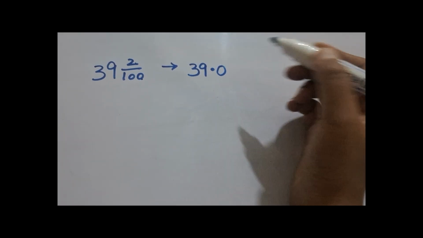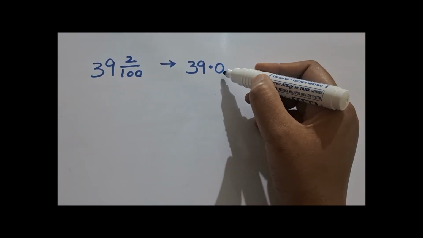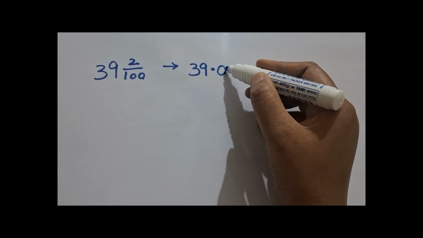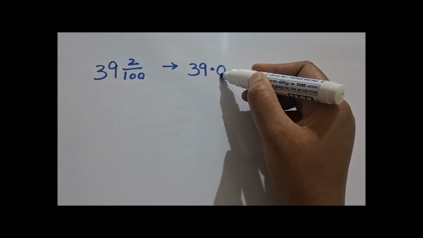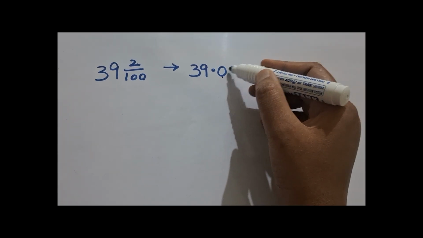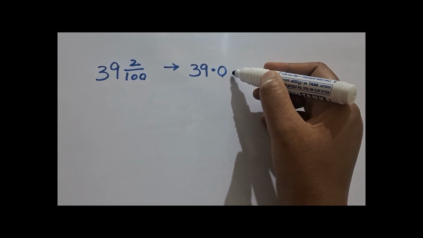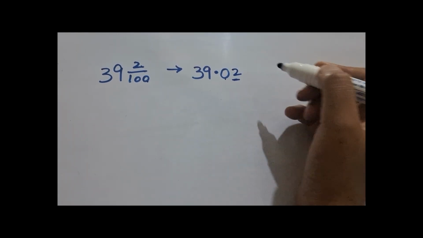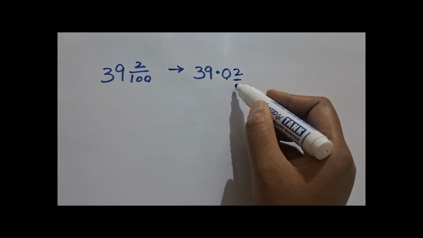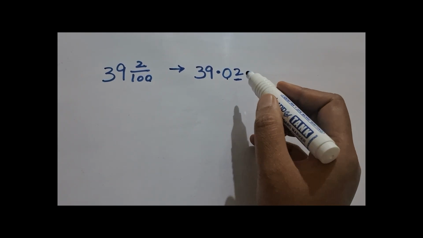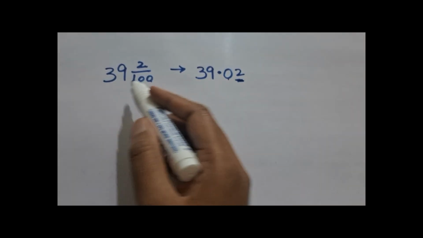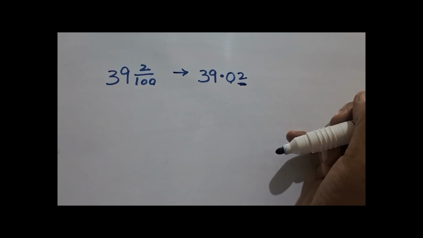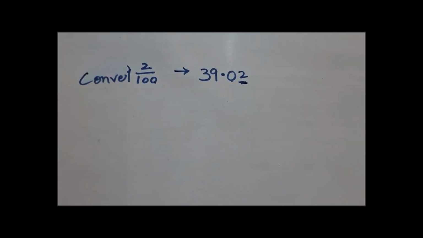So in the tenths place put 0, because the place immediately after the decimal point is the tenths place, isn't it? And next to that is the hundredths place. In this place 2 is there. So write 2. So in this way we write a decimal number, we convert fraction to decimal. Okay, children, in this way we convert fractional to decimal.